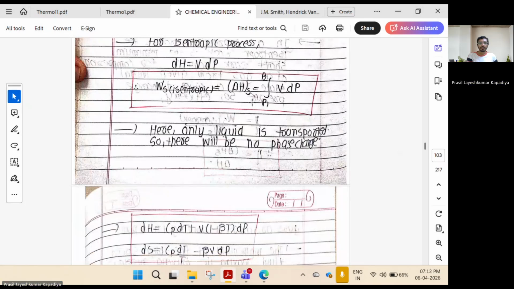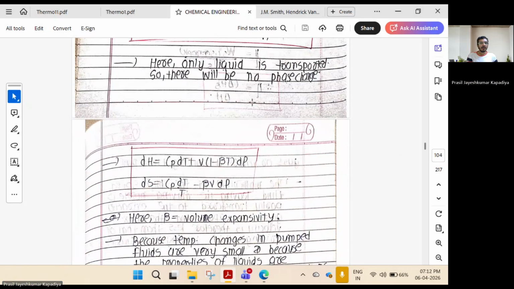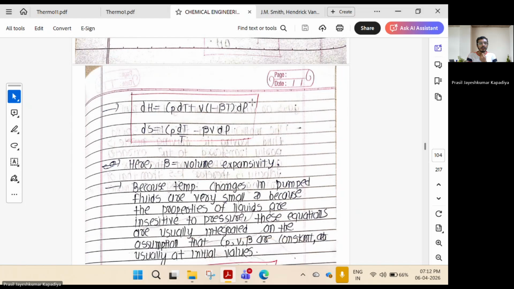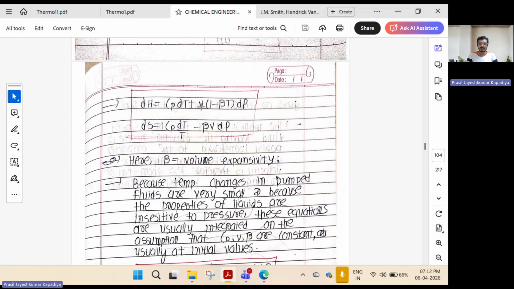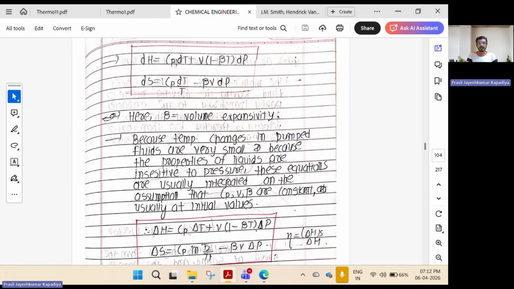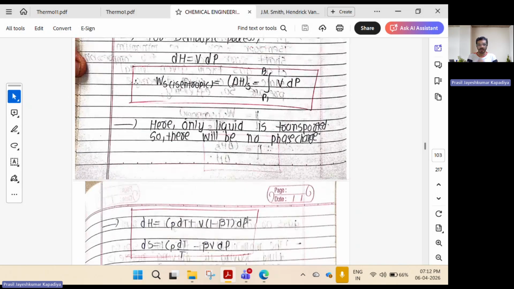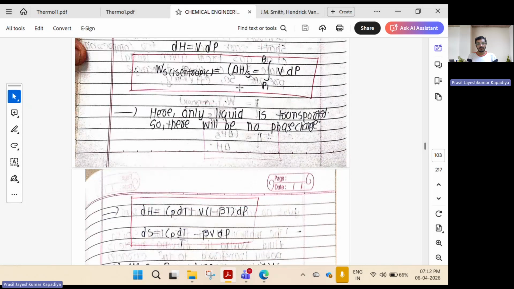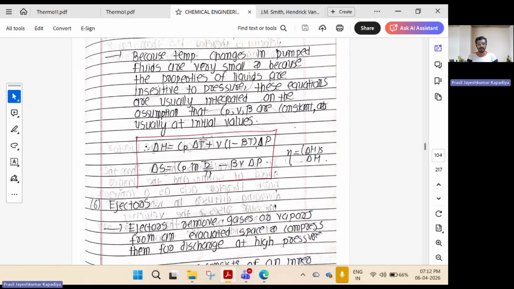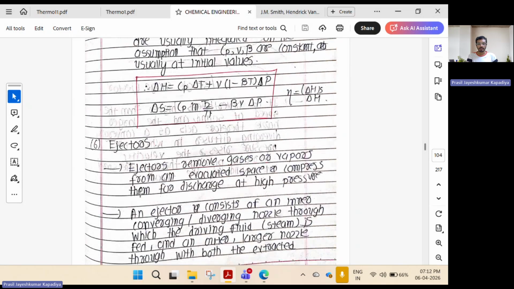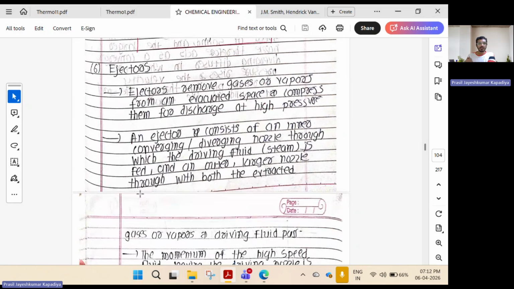In these equations we considered liquids to be incompressible, so Cp, V, beta are independent of pressure and we find out this term. We had one example where we found delta T from delta H. Delta T was very less, 0.97 Kelvin. And from there we found delta S, and it came out to be 0.009 kilojoules per kg Kelvin. So that's why we can use this.